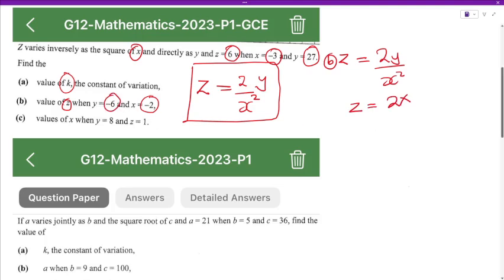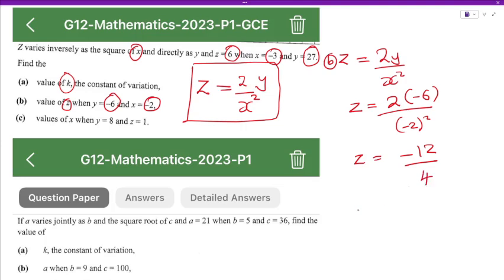We can actually put it in brackets like this, negative 6, over x is negative 2, so negative 2 squared. So z will be equal to 2 times negative 6, that is negative 12, over negative 2 times negative 2, which gives us positive 4, meaning z will be equal to negative 3 as our final answer, and we are done.